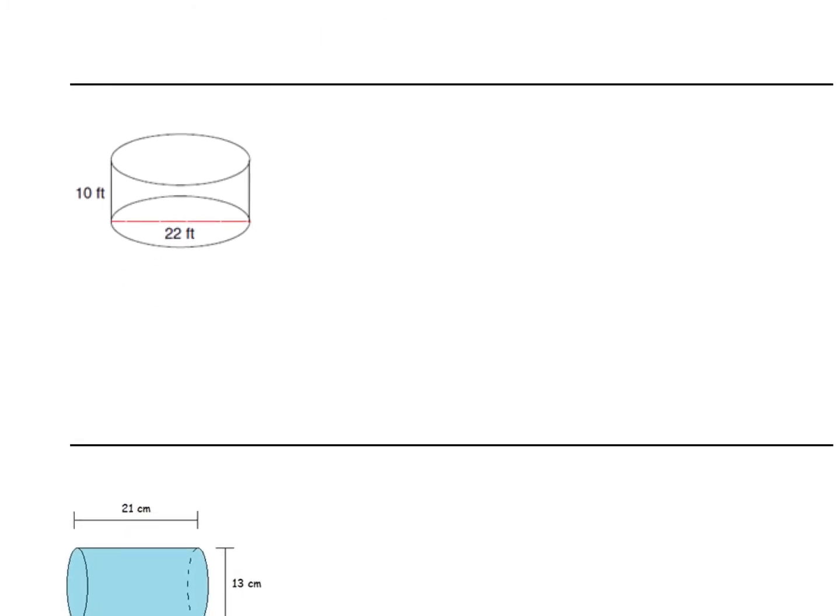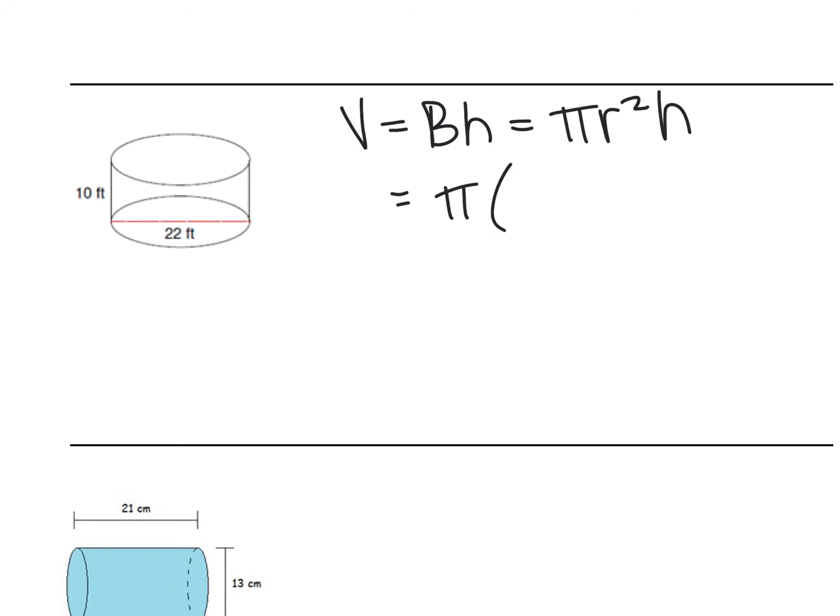All right, so the cylinder volume is kind of like BH, but our base is a circle, and so the area of a circle is pi r squared. And now we're going to multiply that by the h. So we have our pi, our radius, which is half of the diameter, so that would be 11 squared, and then the height is the distance between the two circles.